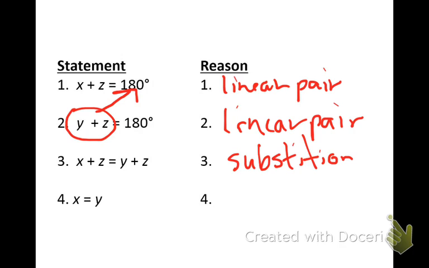Rather than say a reason, just tell me what's happening. Taking z out. Yeah, we're subtracting z from both sides. That's subtraction property of equality. So we'd call that subtraction POE, property of equality.